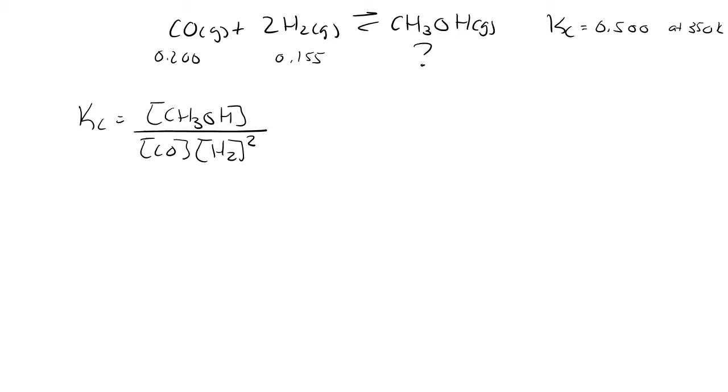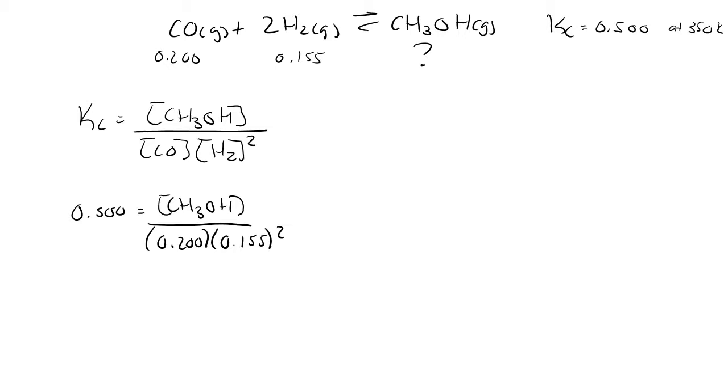Now let's substitute. So we know Kc, 0.500. We don't know our methanol, but we do know our carbon monoxide and our hydrogen. I'm just going to go through all the steps. I did the math on the bottom, and you get 0.0048, right?